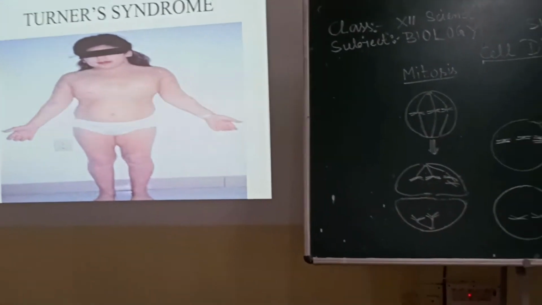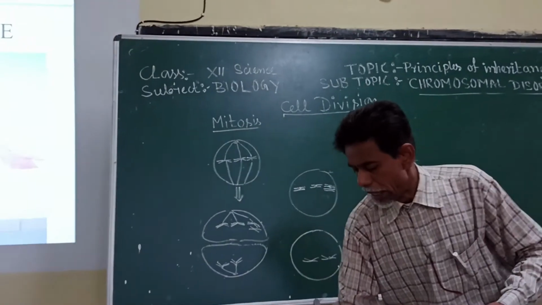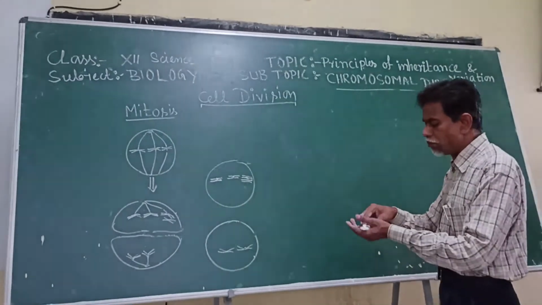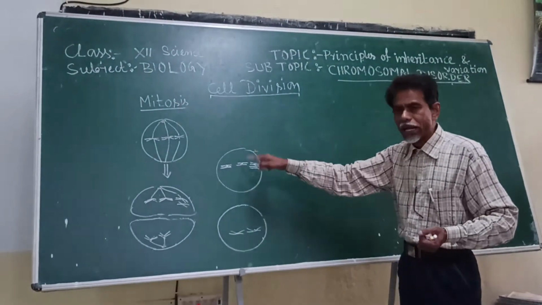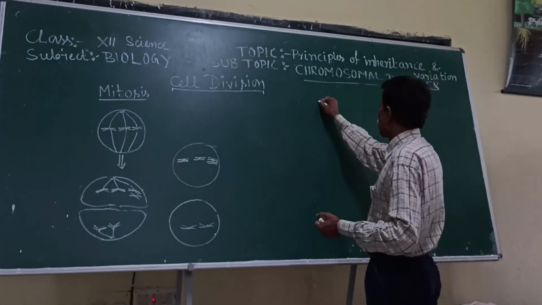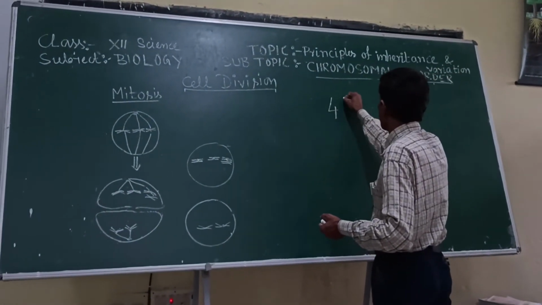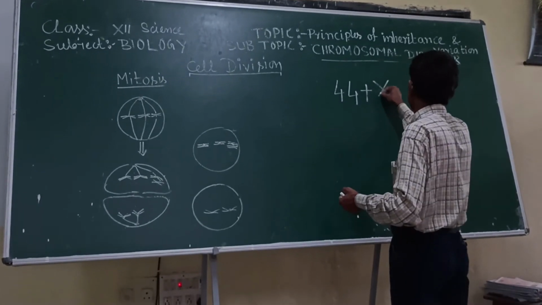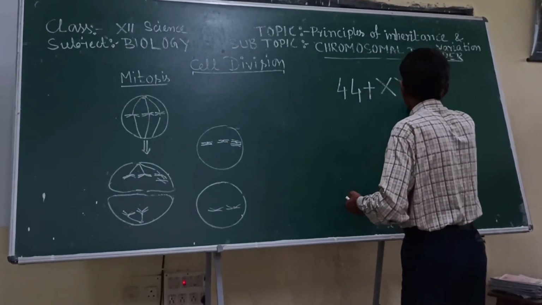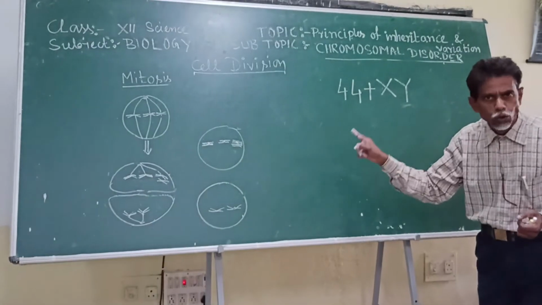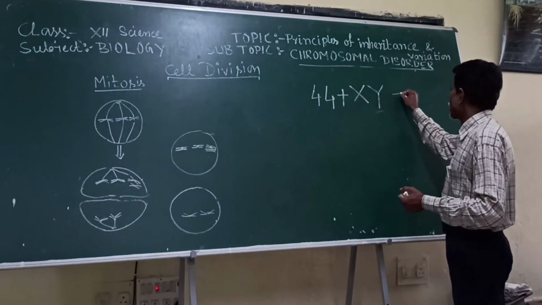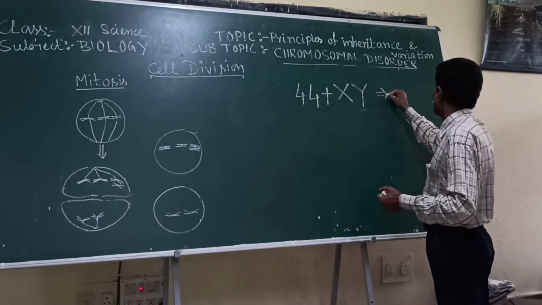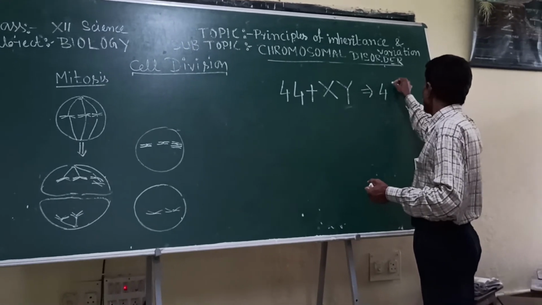Now in the case of a male, again due to this problem, as I have explained how it happens, normally a male has 44 plus XY chromosomes, that is the sex chromosomes. So the resultant total number of chromosomes is 46.